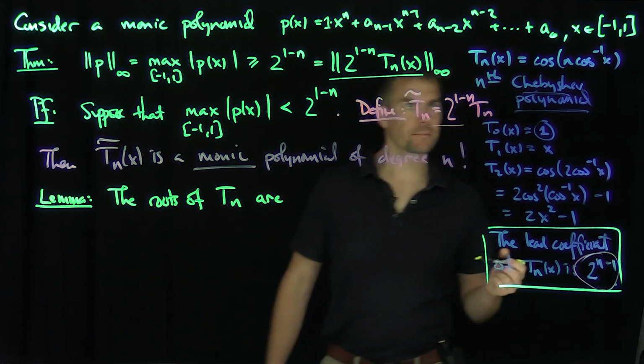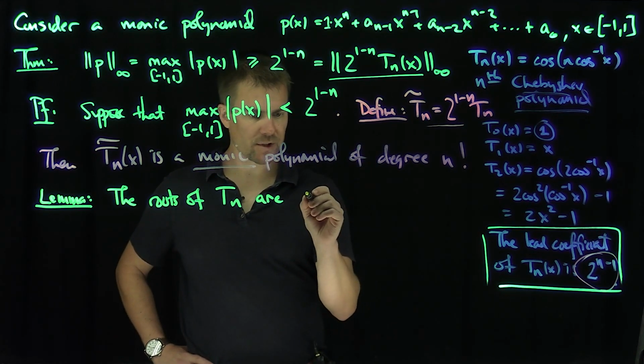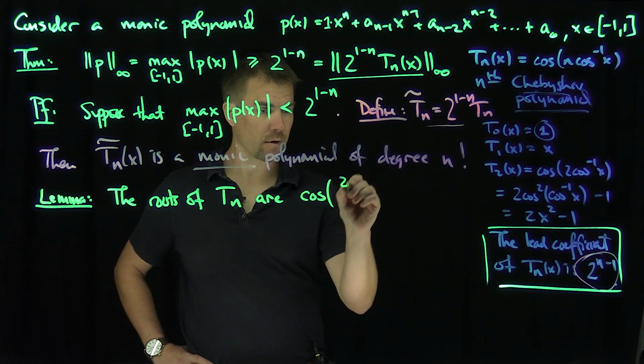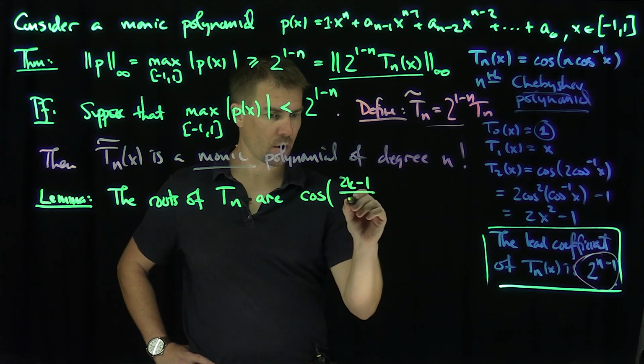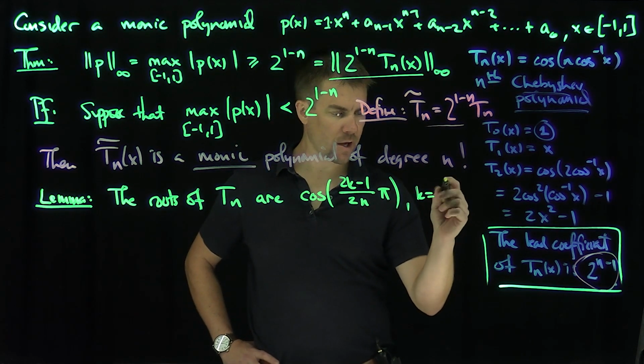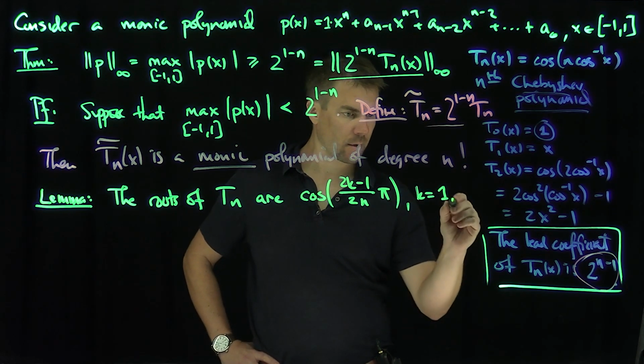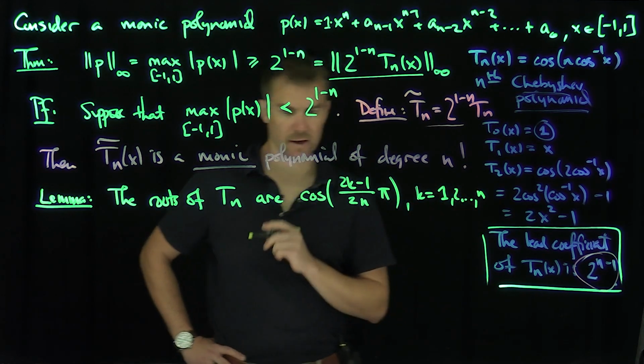So what will the roots be? The roots are going to be of the form cosine of (2k minus 1) over 2n times pi for k going from 1, 2, all the way up to n, like that, okay?